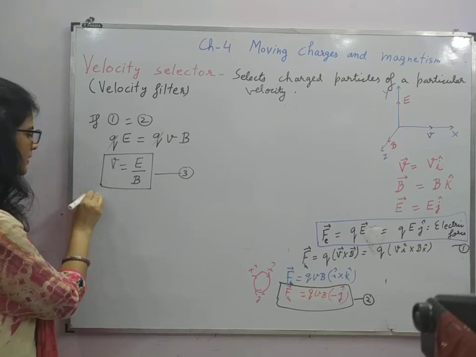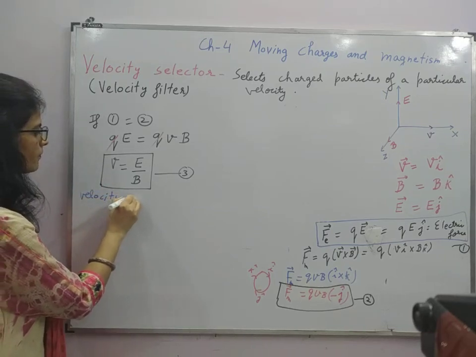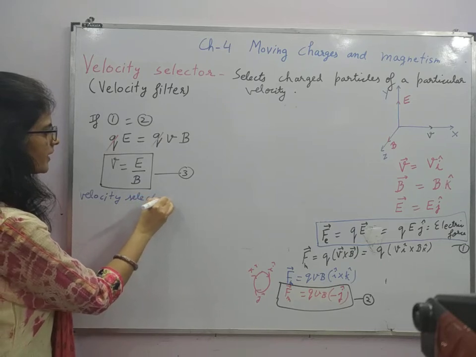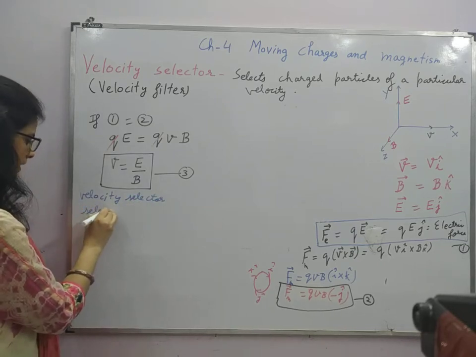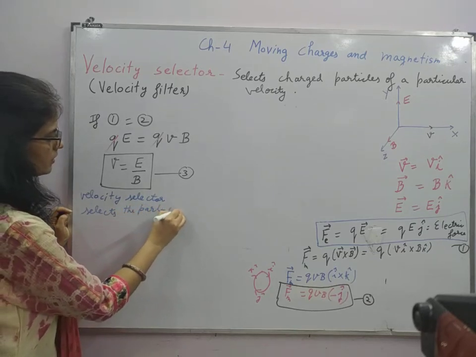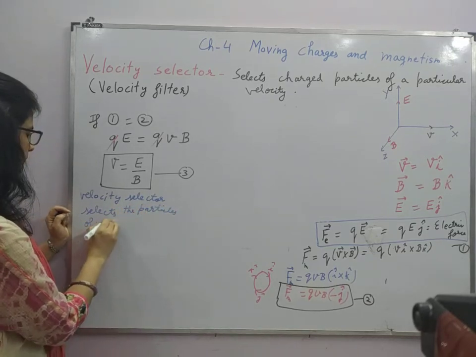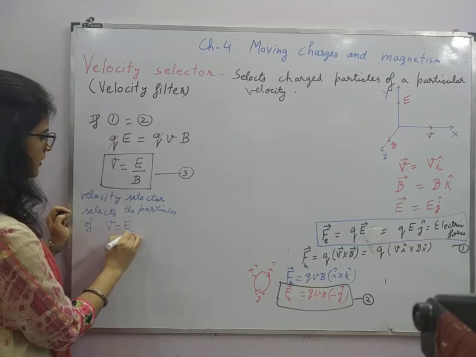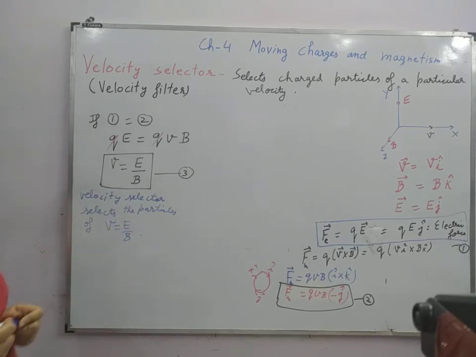So velocity selector selects the particles of velocity E upon B, right?